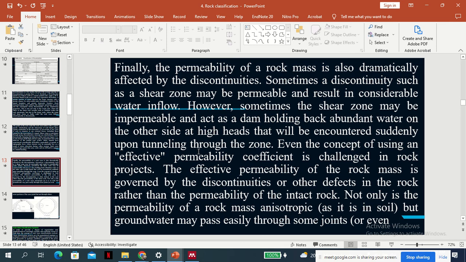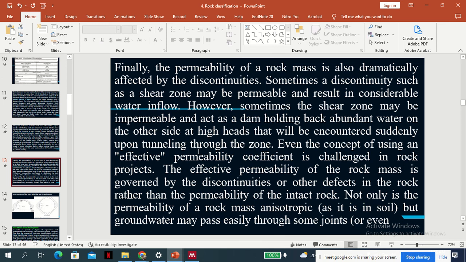So sometimes water is accumulated in the shear zone under very high head. When you are tunneling, at the time you break into the place that is holding the water, water will come crashing at very high speeds and high pressure. So these are some of the issues.